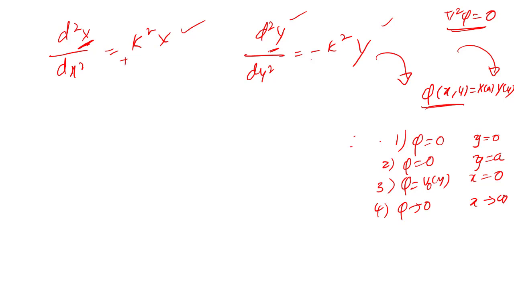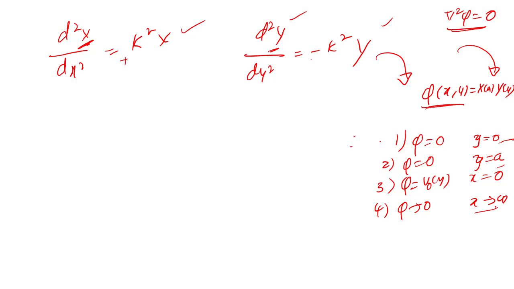We don't have to worry about the y part because the y part is only between 0 and a. As long as we satisfy the 0 and a boundary conditions, we have a potential that we're sure will not go to infinity in that sense, like of x going to infinity.